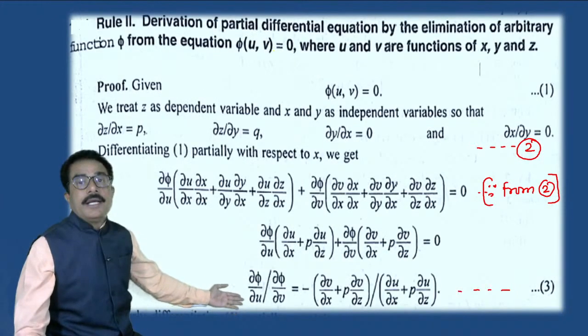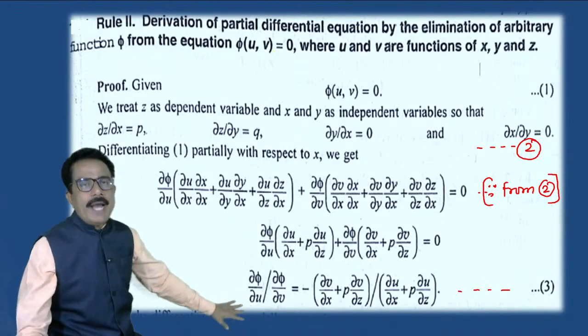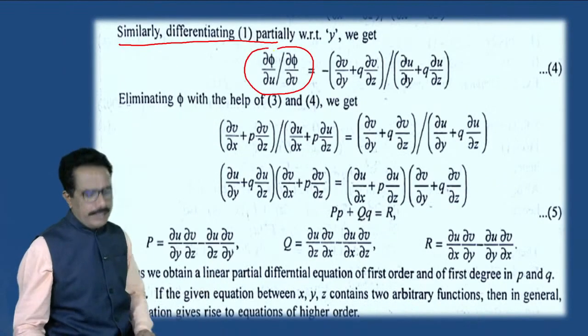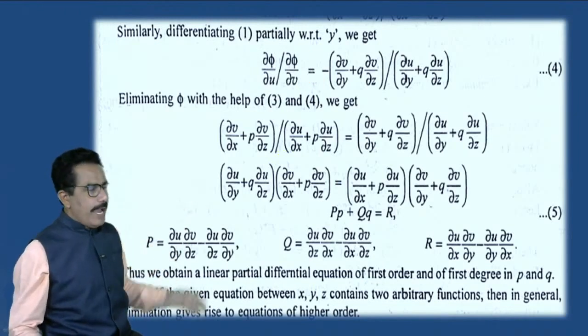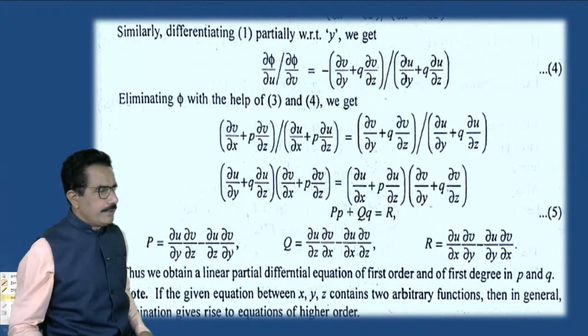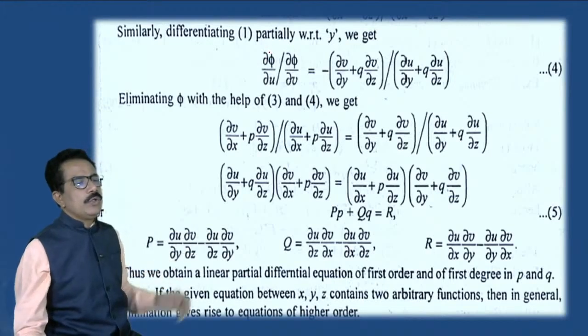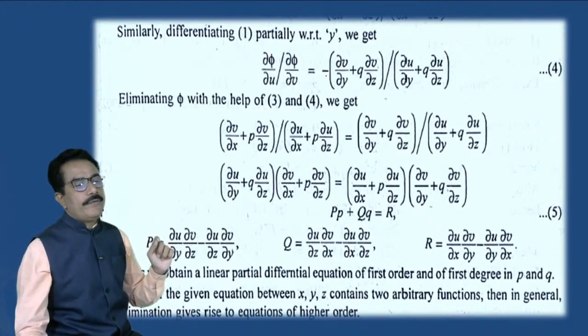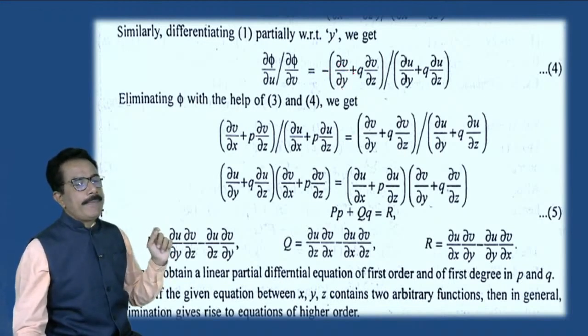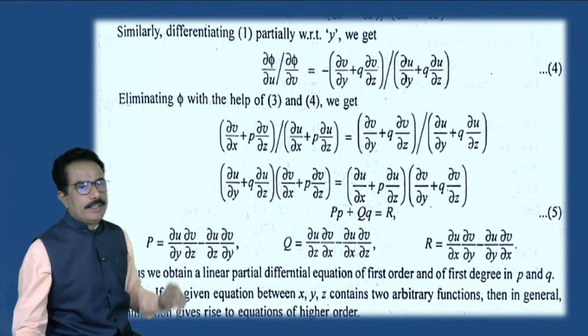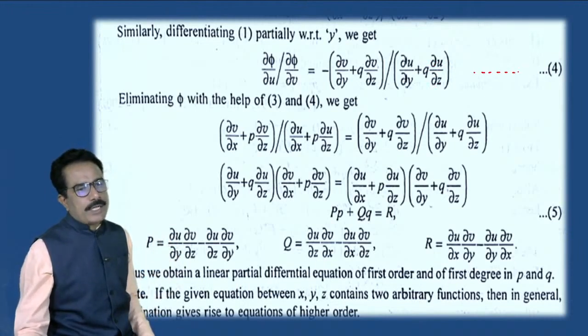Similarly replace x by y, then the same relation we will get, and that will be ∂φ/∂u divided by ∂φ/∂v, which is equals to minus (∂v/∂y + q ∂v/∂z) divided by (∂u/∂y + q ∂u/∂z). Suppose this is equation number 4.